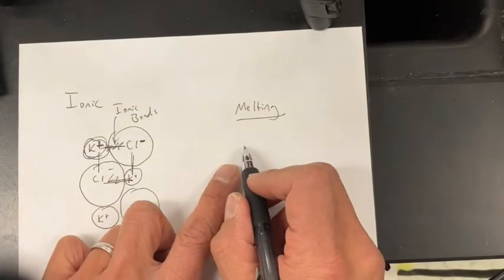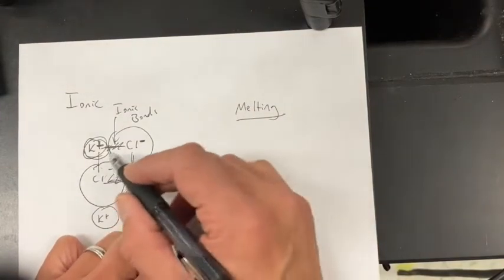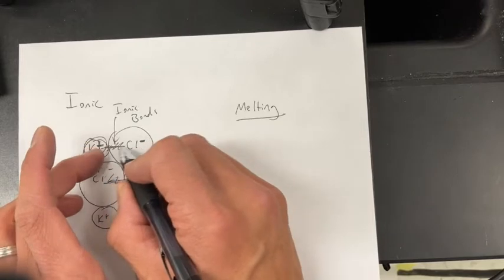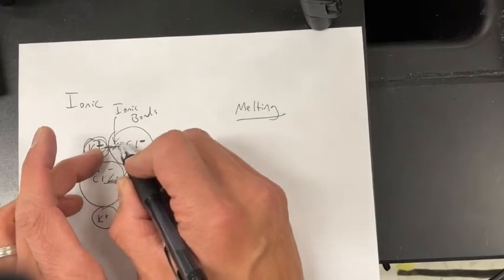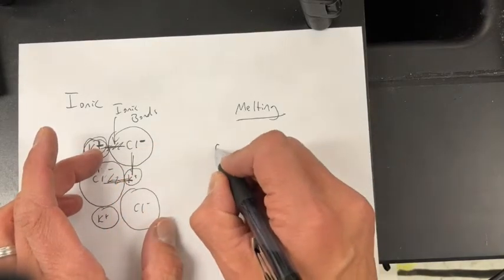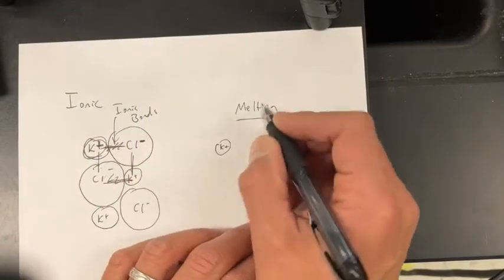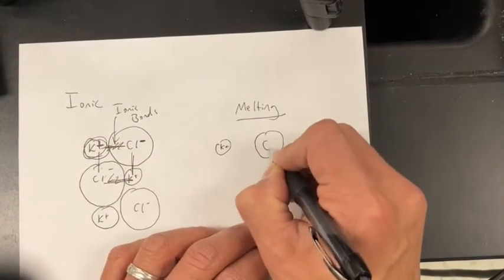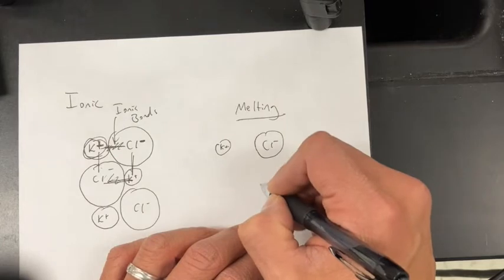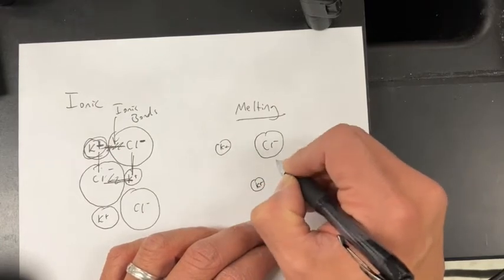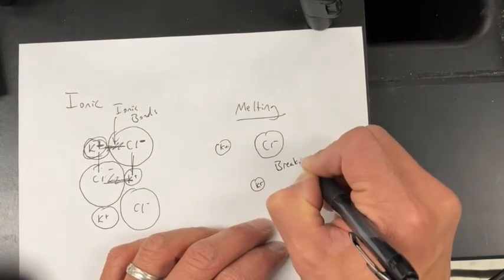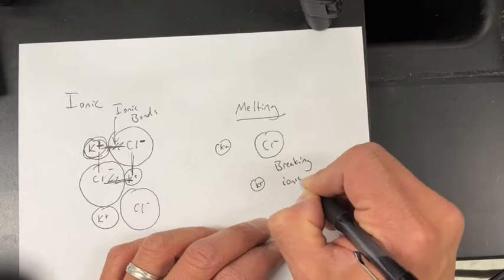When we melt an ionic substance, we are taking this imaginary attraction and we are separating them. So now we're breaking a bond. Okay, so we're breaking the ionic bond.